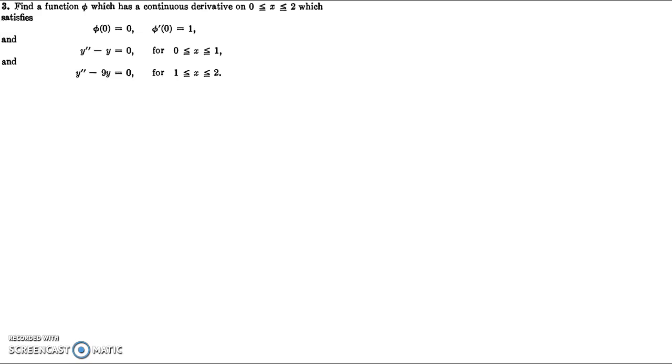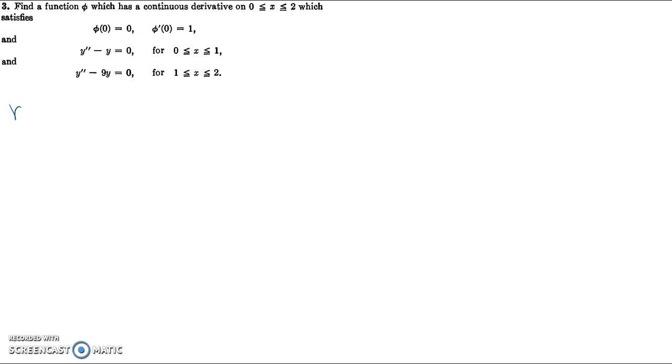All right, so let's move on to the next problem, which is number 3. Find a solution phi which has continuous derivative on x between 0 and 2, and we have to satisfy these equations. I think we need to solve the equations. Let's solve the first one first.